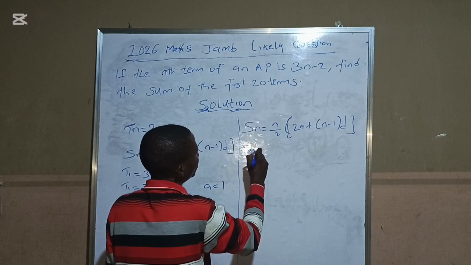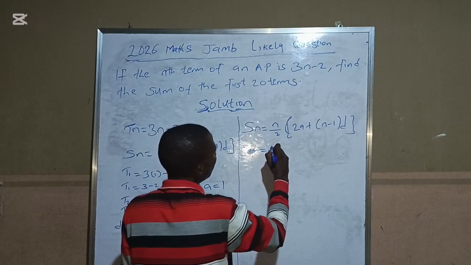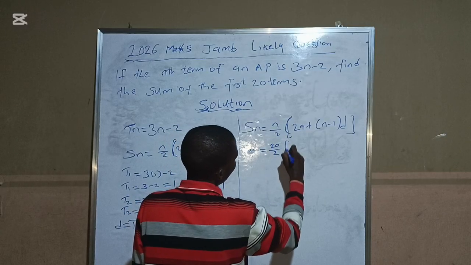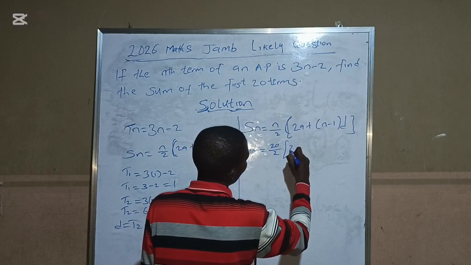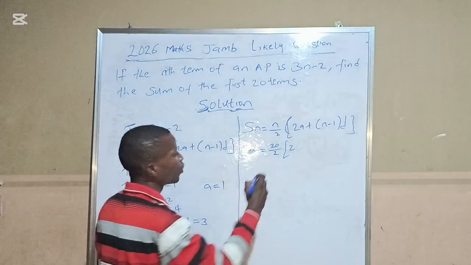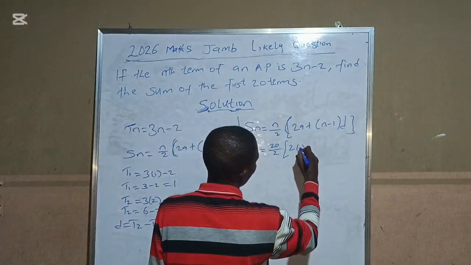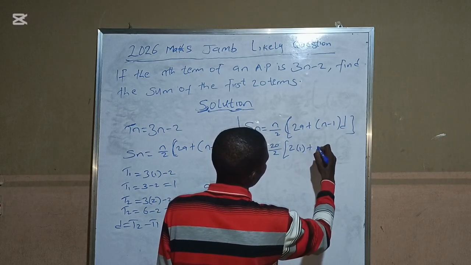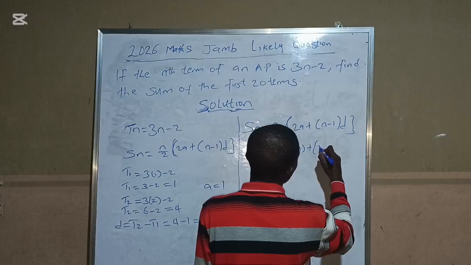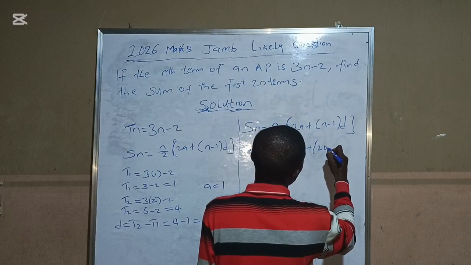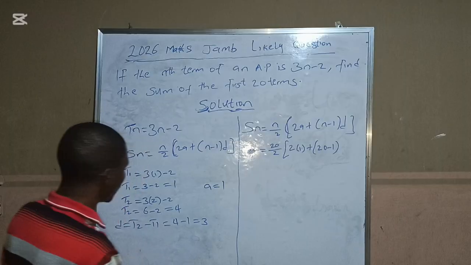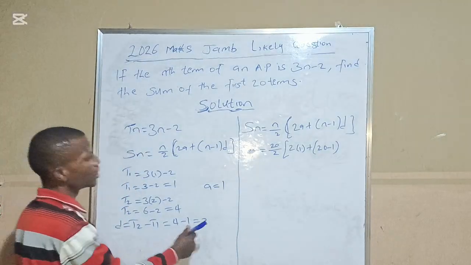S20 equals 20 over 2, bracket 2. The value of a is 1, so 2 times 1, plus 20 minus 1, and the value of d is 3.